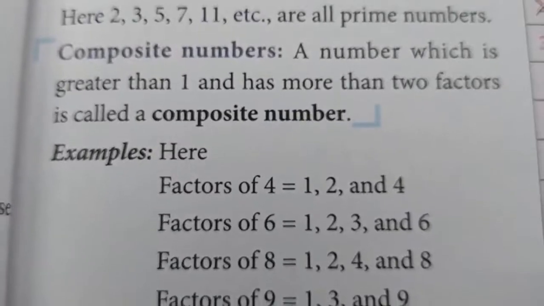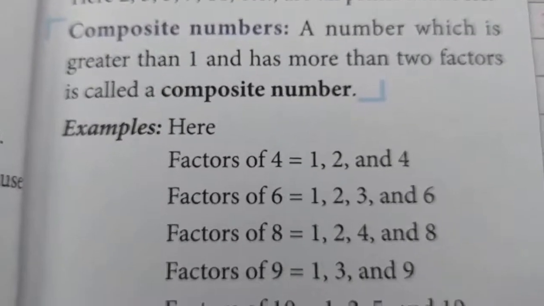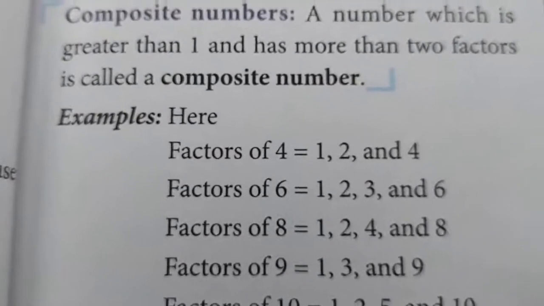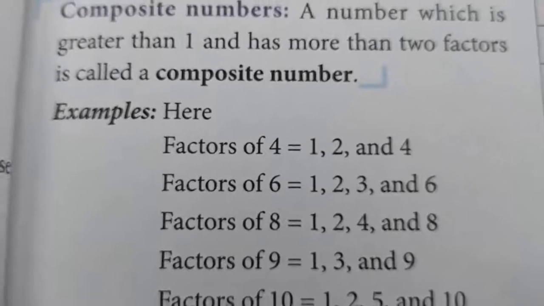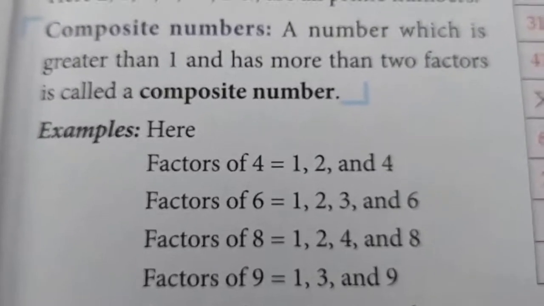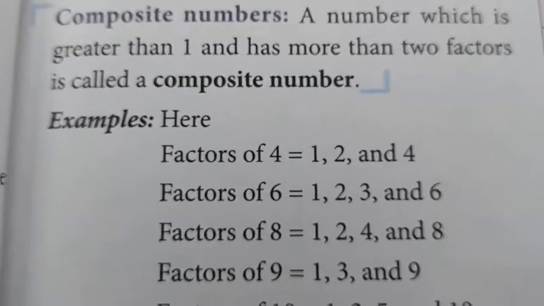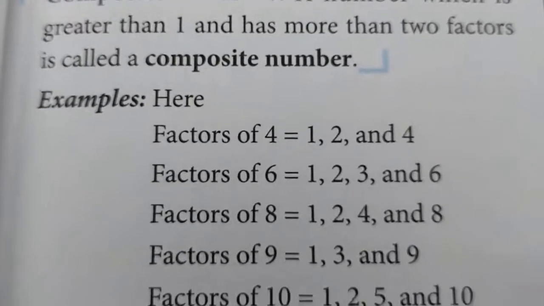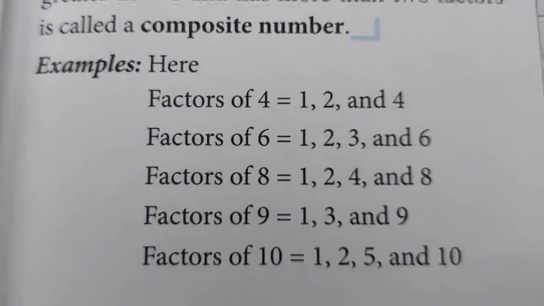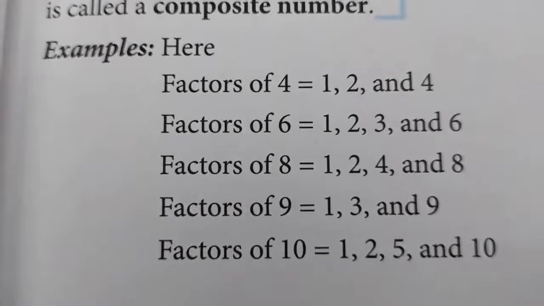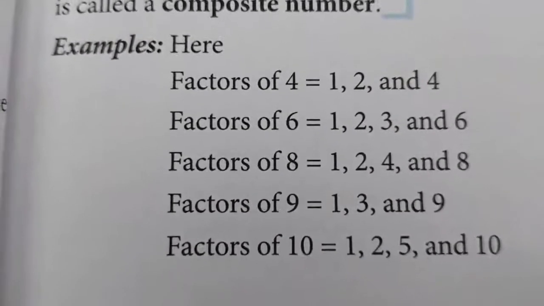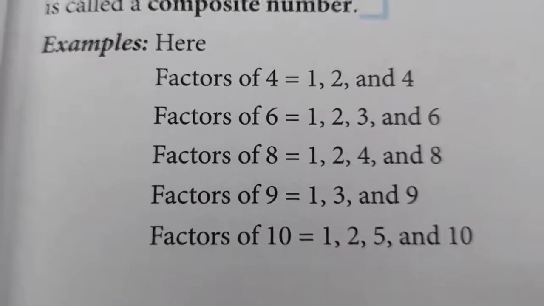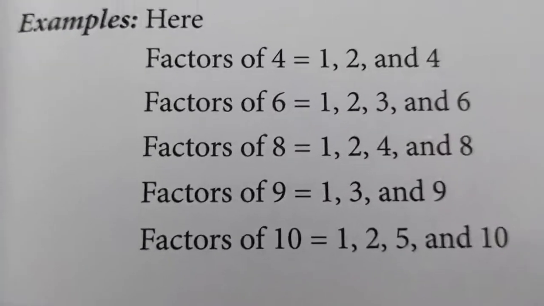Now we will see composite numbers. A number which is greater than 1 and has more than two factors is called a composite number. Here we have examples. Factors of 4 are 1, 2, 4.